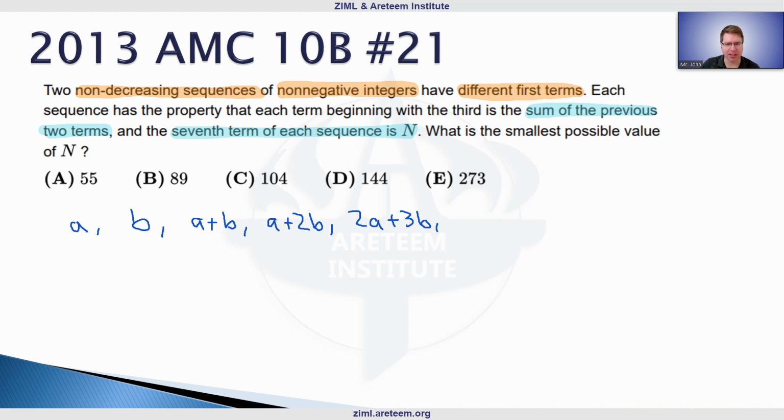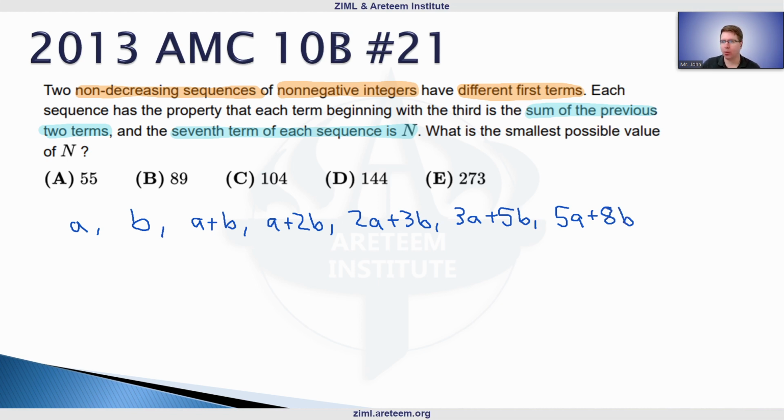The next term is A plus 2A, 3A, and 2B plus 3B, 5B. The next term in Fibonacci after 5 is 8, so we shouldn't be too shocked if we have a next term with an 8 in it, which we do: 5A plus 8B.